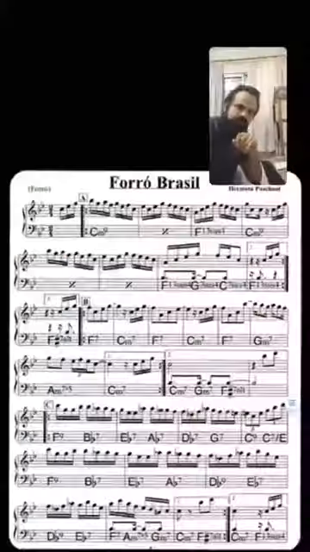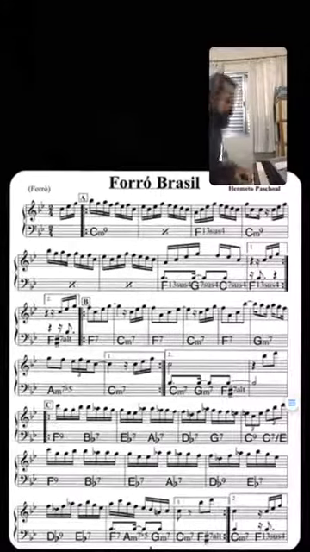The first one, I would like to show the first part of the theme. I'm going to work on the first and the second part. The melody is that.